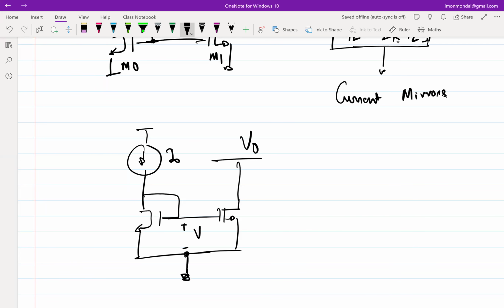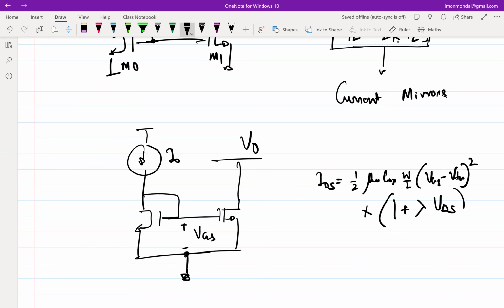Both the transistors have the same VGS. No issues. But now let's assume the channel length modulation is a reality. We cannot get away from it. So IDS is proportional to 1 plus lambda VDS, right?